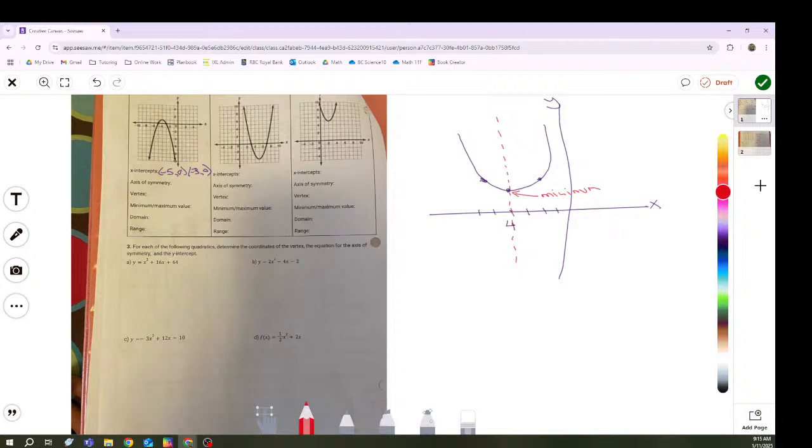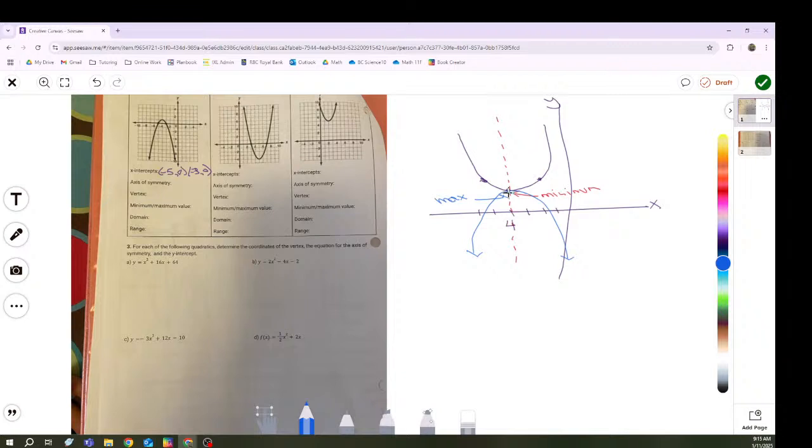If my parabola was to open down, I'll use blue for this one, that would represent a maximum, because now all my values are smaller than that. That's as high as it reaches.